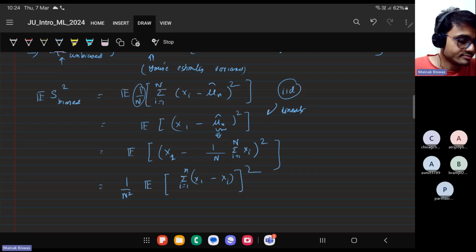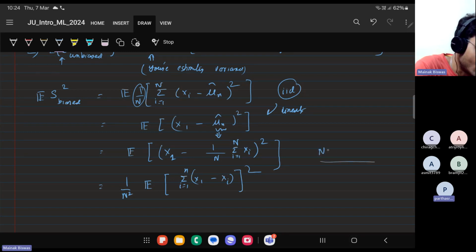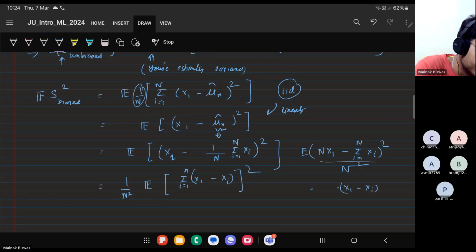Is this right? n x1 minus summation of i equal to 1 to n xi, by n. So the whole square of the upper part is over n squared, okay? So n times, instead of writing n times, I'm going to write x1 minus xi. Oh okay, yes, fine.